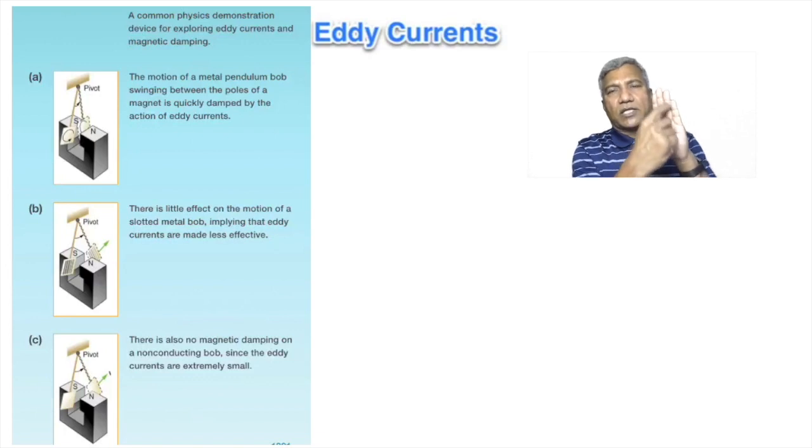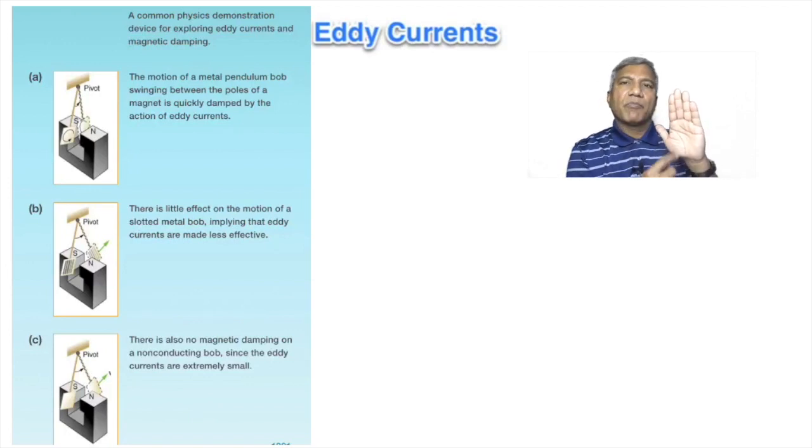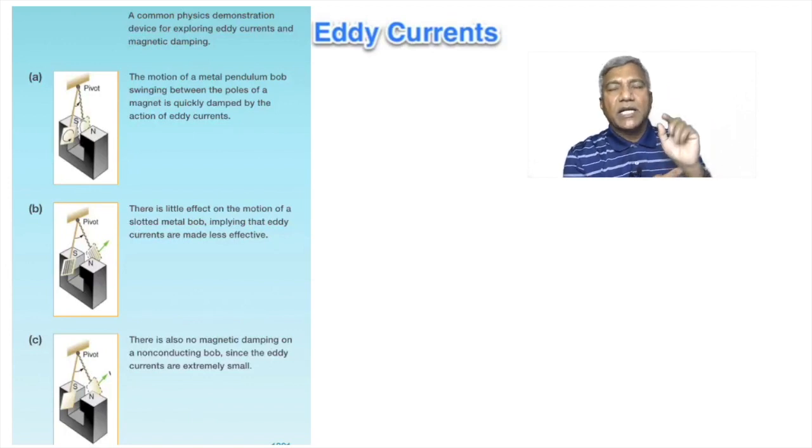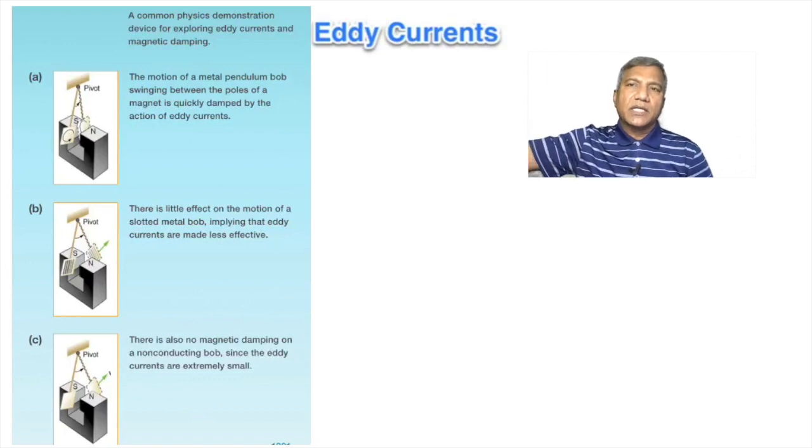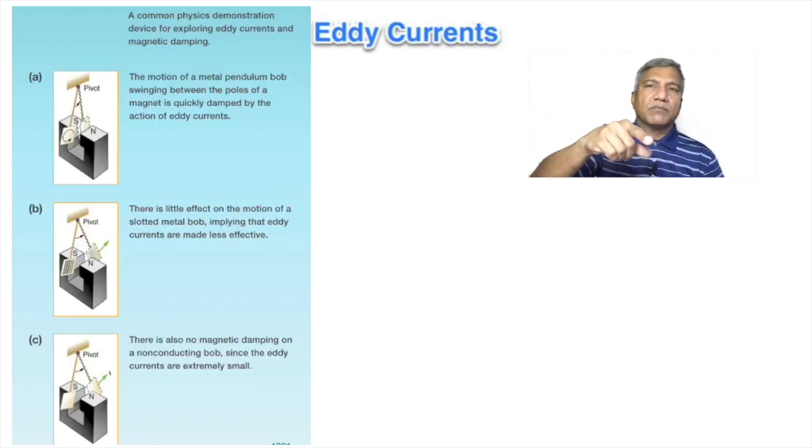So all across the aluminum plate, you have small currents in the form of eddies. That's why it's called eddy current. And this eddy current opposes the change in magnetic flux, which means indirectly it opposes the swing of the pendulum. So when you try to swing it, you will see that it'll just go through it and stop.